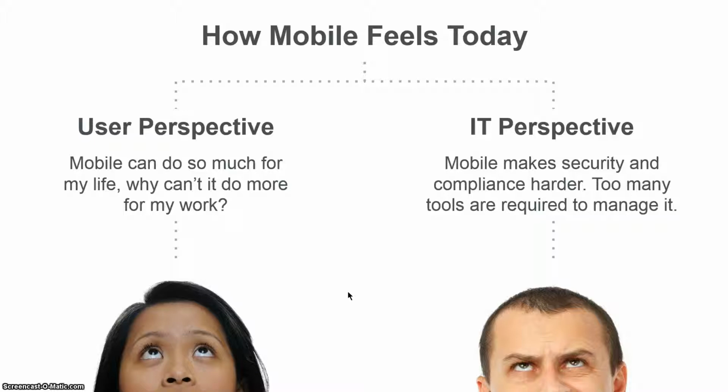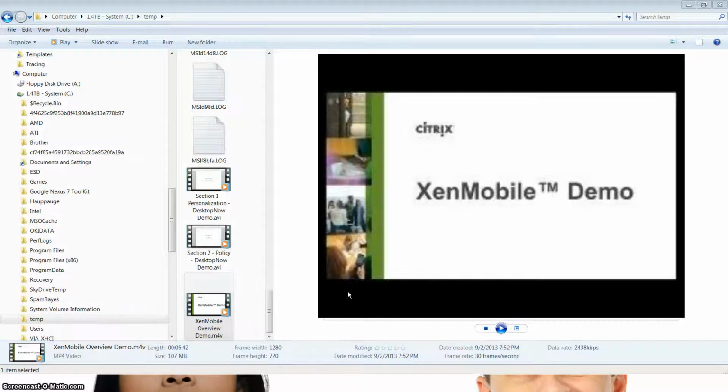It is no longer, I think, valid to simply hand a new employee a desk with a desktop on it and say, this is how you get things done. So the users come into the organization and they say, look, I need to get my work done. Give me a device I can get that work done on, and I will use my own device when it makes sense to do so.